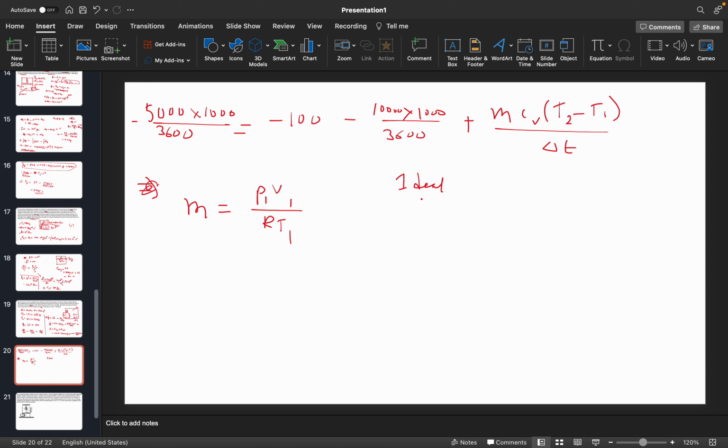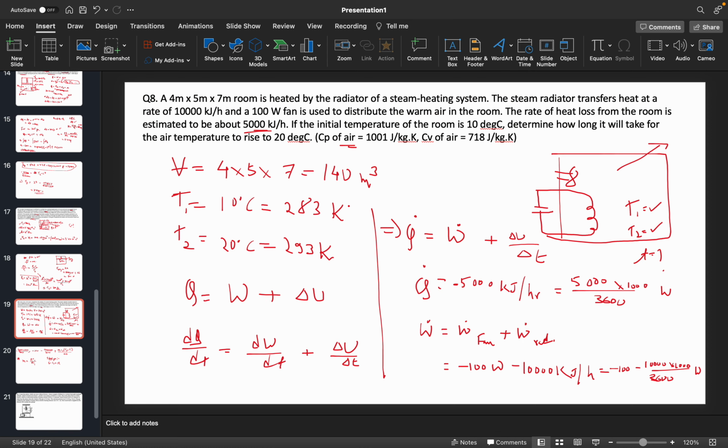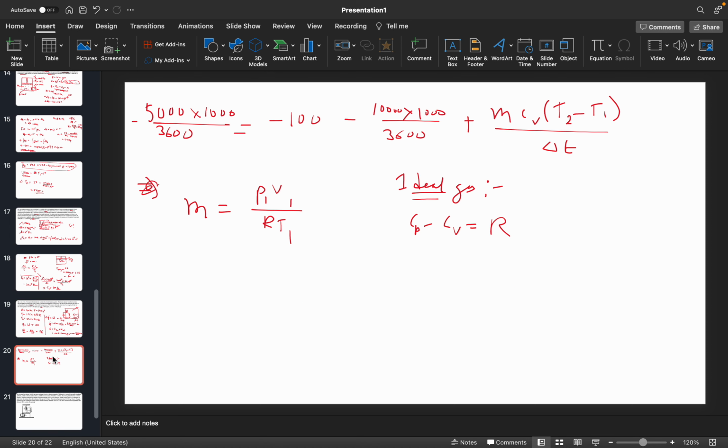For an ideal gas, Cp minus Cv is equal to R. And you can also calculate for air also. The values will not be too different, because air consists of nitrogen and oxygen only, and the molecular mass of air is almost 28. But here, since Cp and Cv values are given, we will just subtract and we will get the value of R.